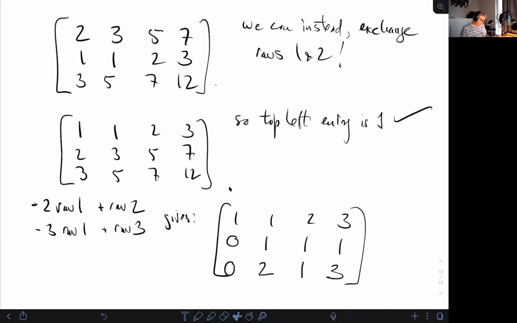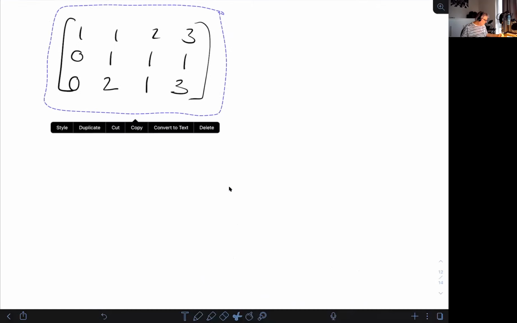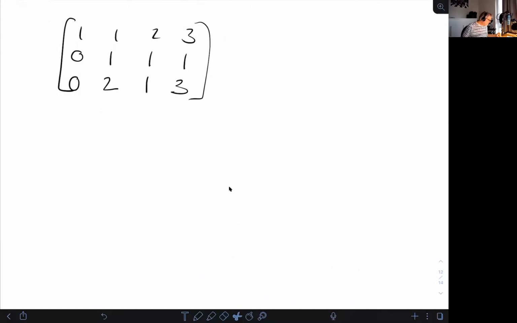So I'm going to go to the second pass of the algorithm. Now I'm going to repeat the procedure with the second column, right? Again, if I look at the pivot, the entry that I'm interested in, it's all good.